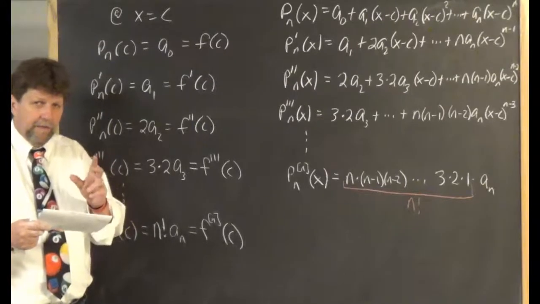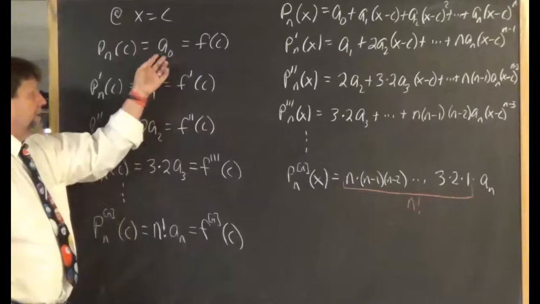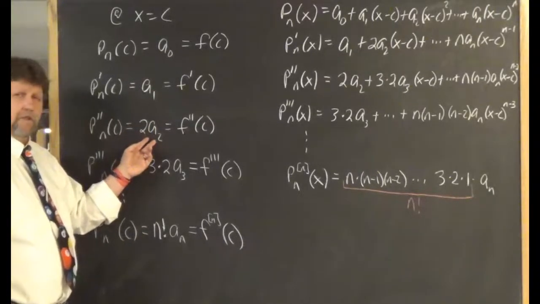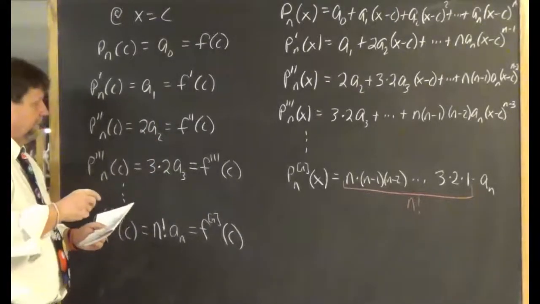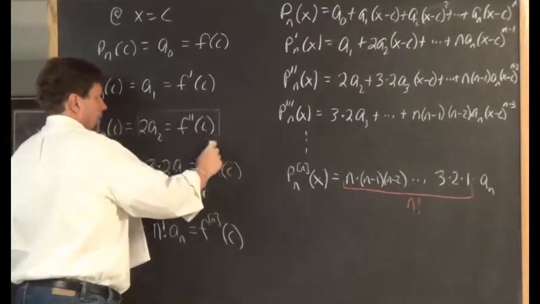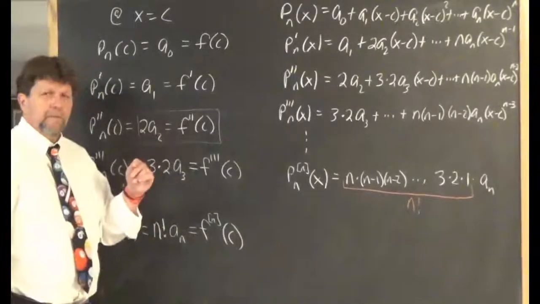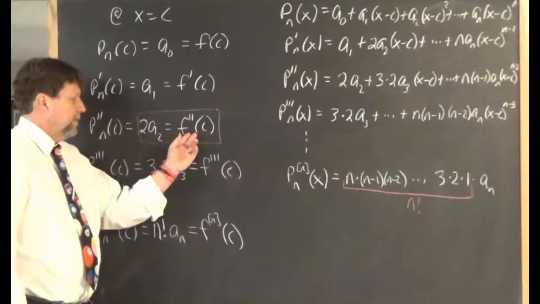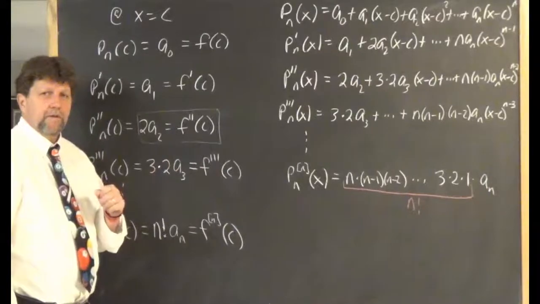Now I'm getting ready to head back to the slides. Here's what we're going to talk about when we head back. a sub 0, a sub 1, a sub 2. Notice this is 2 a sub 2. But if I look at that, 2 a sub 2 equals f double prime of c, I can divide both sides by 2 to solve for a sub 2.